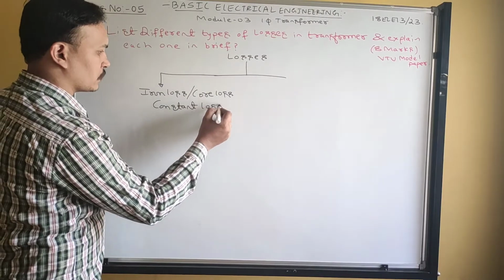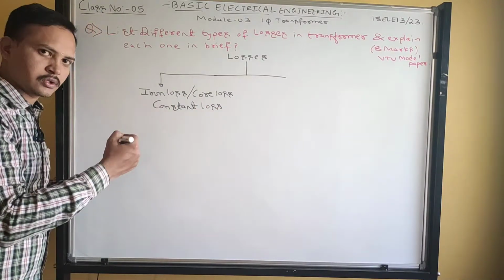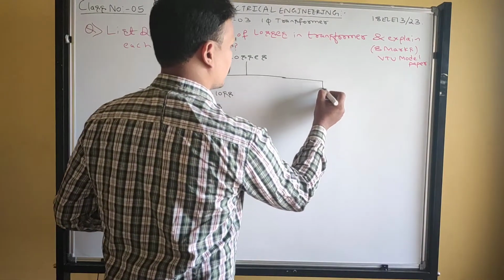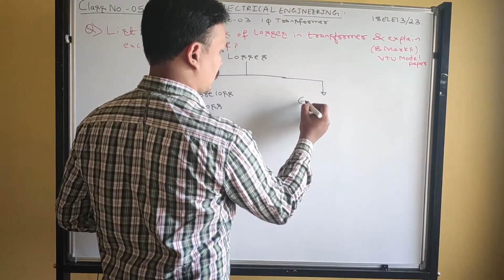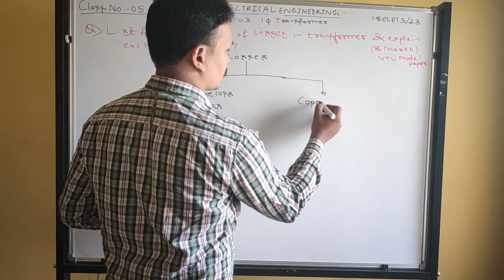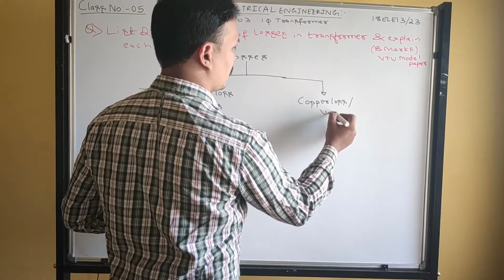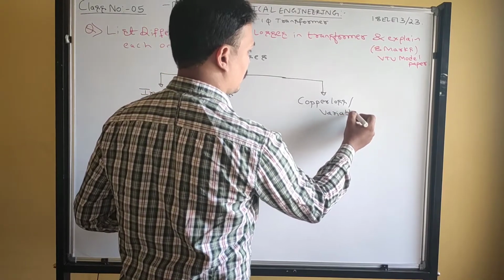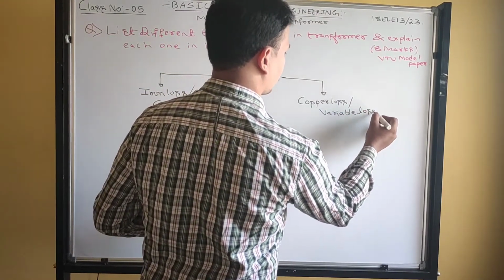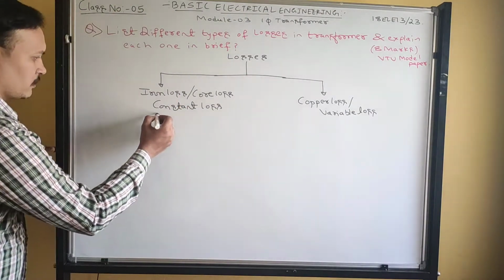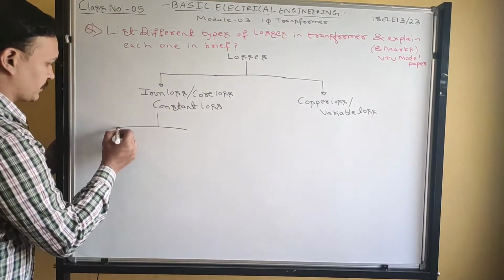Iron loss is also called core loss and constant loss. And another one is variable loss, that is called copper loss. So copper loss or variable loss, both are the same.